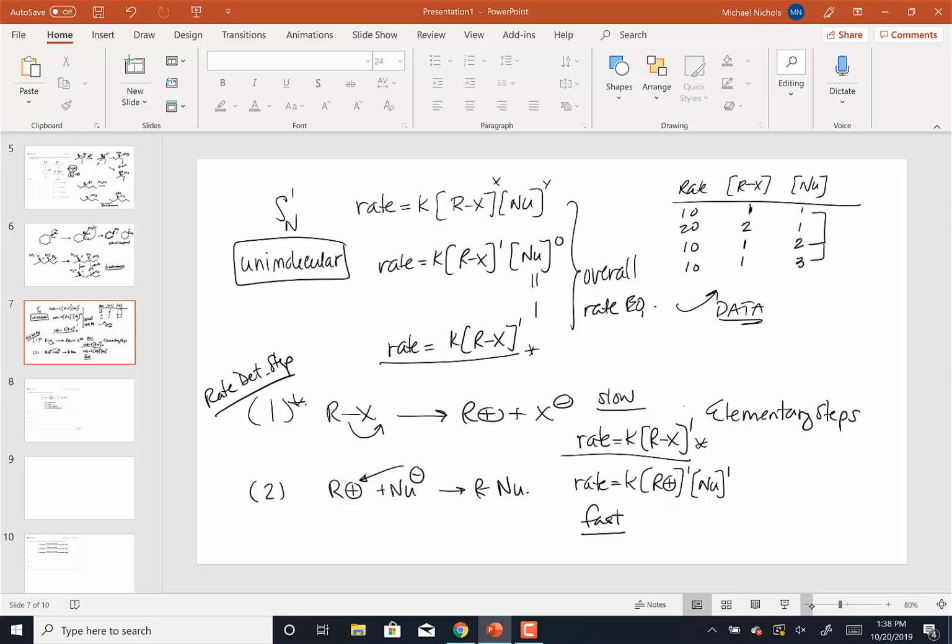Whereas SN2 has the concentration of the alkyl halide and the concentration of the nucleophile in its rate equation, the unimolecular SN1 only has the concentration of the alkyl halide.